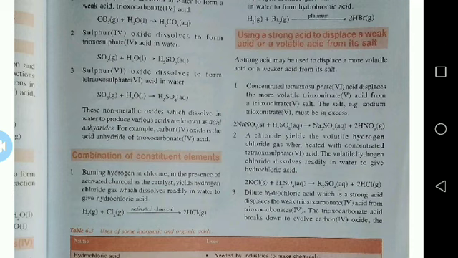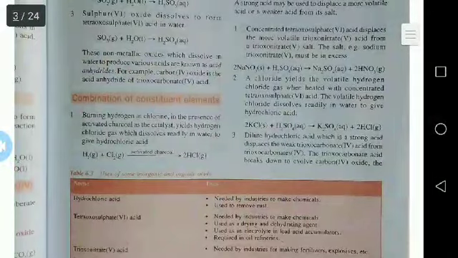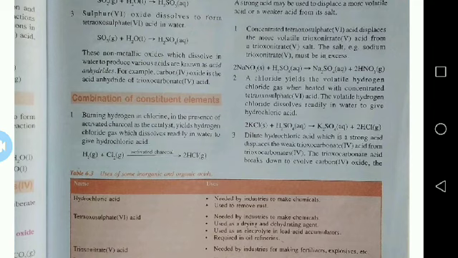The trioxocarbonate 4 acid breaks down to evolve carbon 4 oxide, which is the acid anhydride. The weak acid is formed by dissolving the carbon 4 oxide in water. All right.